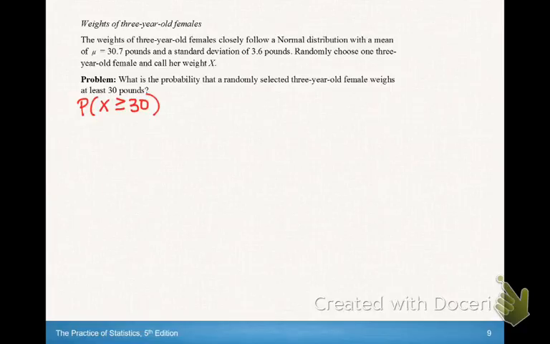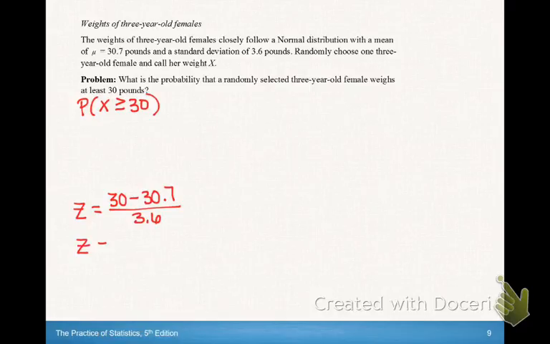We know that the mean for this information is, oh my goodness, right here, 30.7 pounds, and the standard deviation is 3.6. So the first thing I'm going to do is change to a z-score. So z is going to equal 30 minus 30.7, the mean, divided by the standard deviation, which is 3.6.